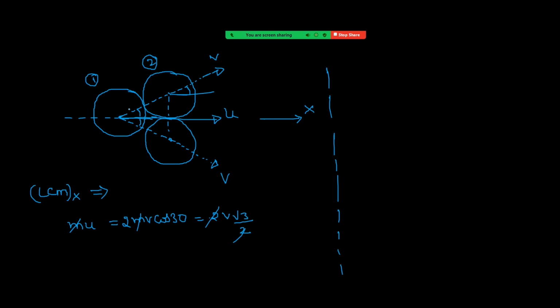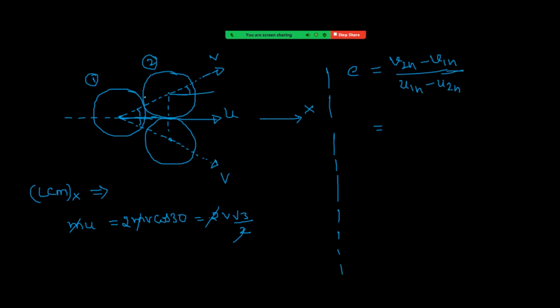We can focus either these two balls or these two balls. Okay. So I'm taking now these two balls. Now write here coefficient of restitution e equals V2n minus V1n upon U1n minus U2n. Okay.